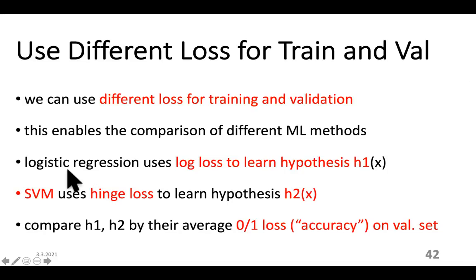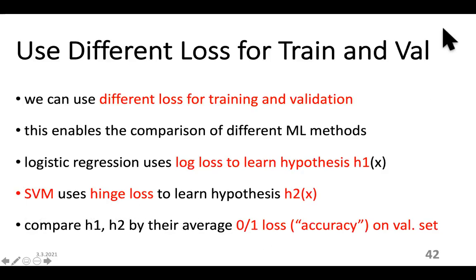So you could compare the hypothesis you get from support vector machines with the hypothesis you get from logistic regression by using their 0-1 loss on the validation set. But the 0-1 loss is different from the loss function that is used in logistic regression to learn a hypothesis, because the logistic regression uses the logistic loss to learn a hypothesis, and SVM uses the hinge loss to learn a hypothesis.